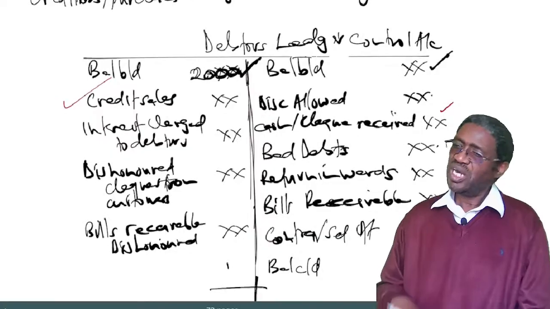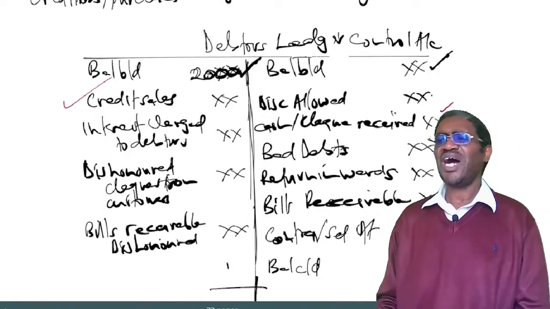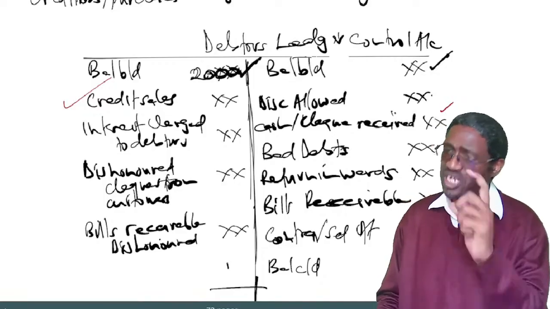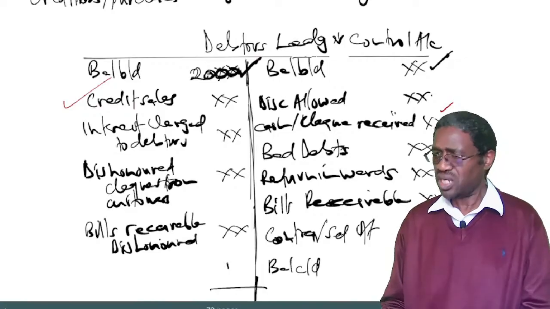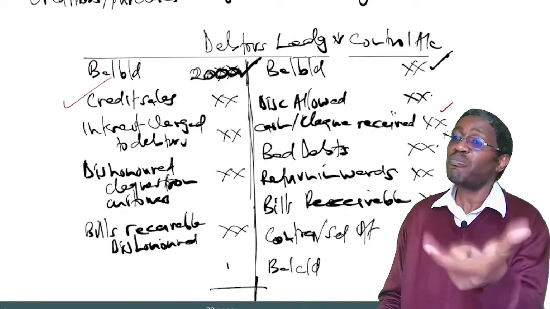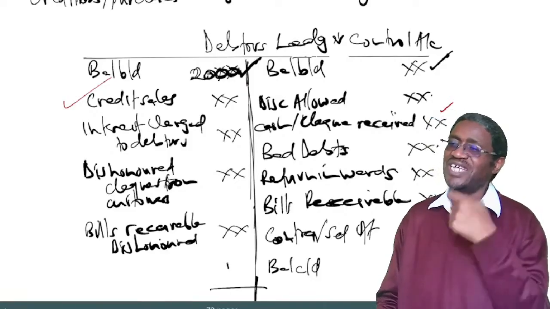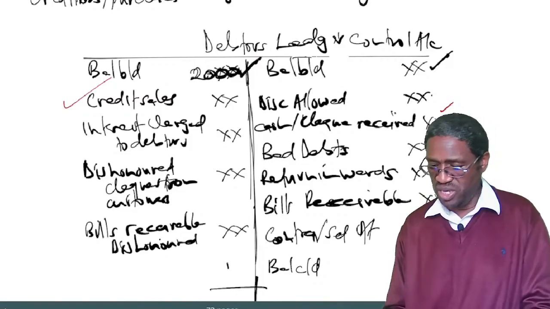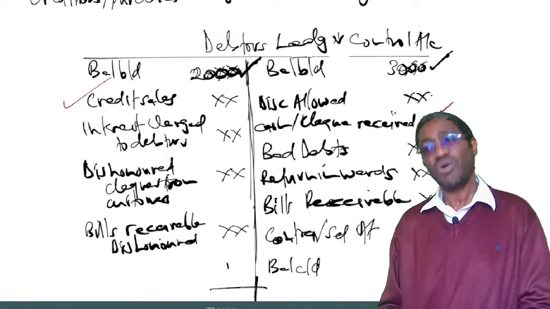Listen, if by the beginning of the year you are told we had 2,500 credit balances of debtors, credit balances come because I told you the customer could have overpaid us. So we owe them. A liability is a credit balance. So maybe another 3,000. That's what we owe them by the beginning of the year.